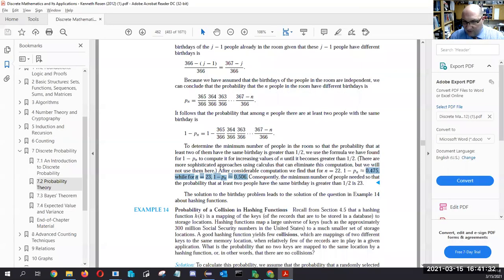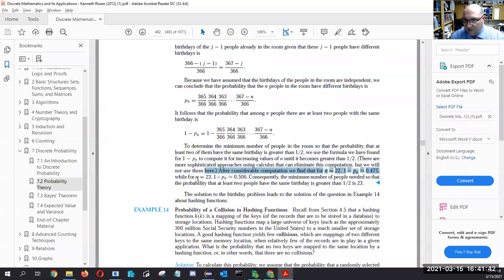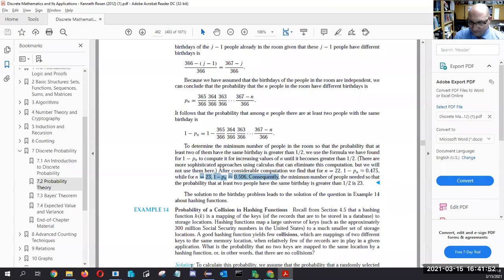So 22 and 23, right? So 22, it's 475. I get 475, and 23, they get 506. All right, so yeah, a couple off by one errors. They're in the loop, but not too bad. Okay.